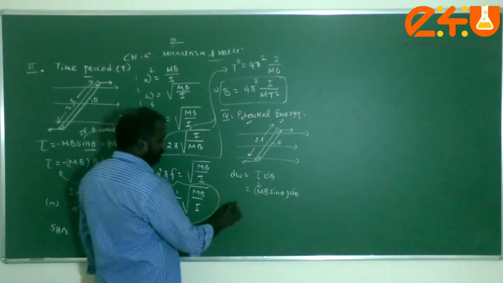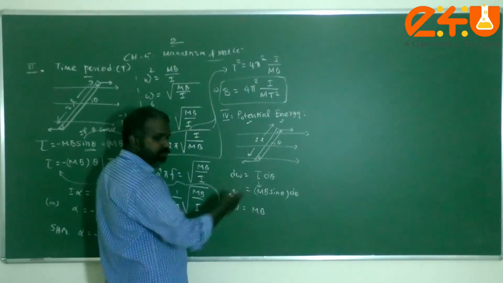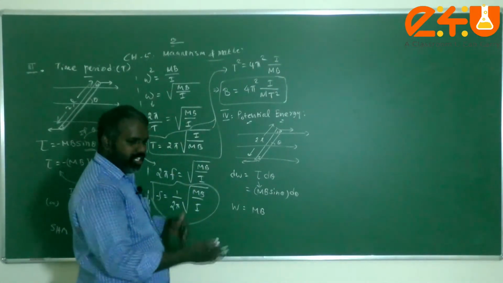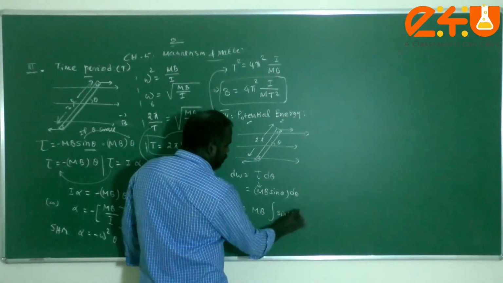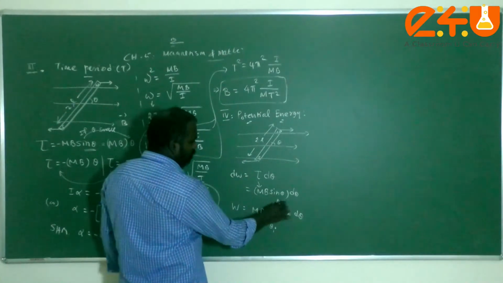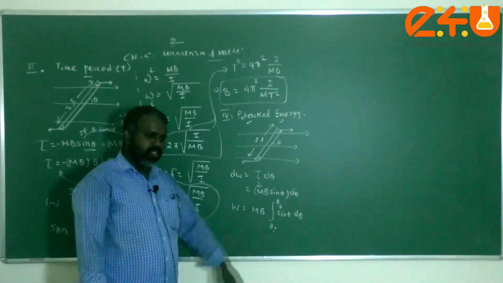Since M is constant for the given bar magnet and B is uniform, they can be taken out of the integration. The integral is of sin theta d theta, with limits theta initial to theta final. We know that the integral of sin theta is minus cos theta.